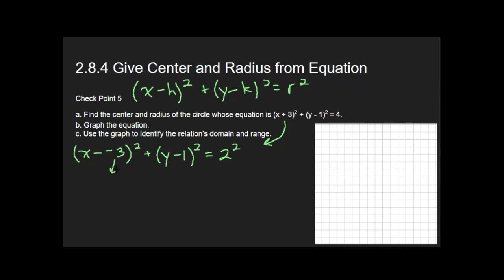So here's our h, here's our k, and here's our r. So that means the center is at (-3, 1), and the radius is equal to 2 units. Then we'll go ahead and graph that, as I'm going to attempt to graph it here.